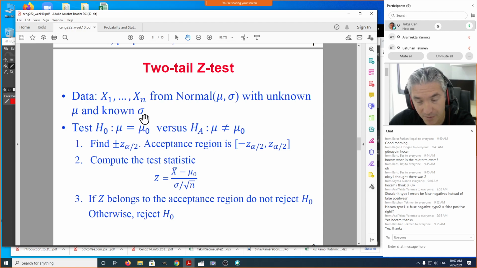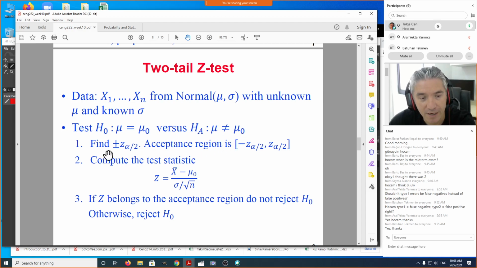If we know the sigma of the population, if it's given to us, we set our test, maybe null hypothesis mu is equal to some given value mu0, versus the alternative hypothesis in the two-tailed test, that our mean is actually not equal to that.